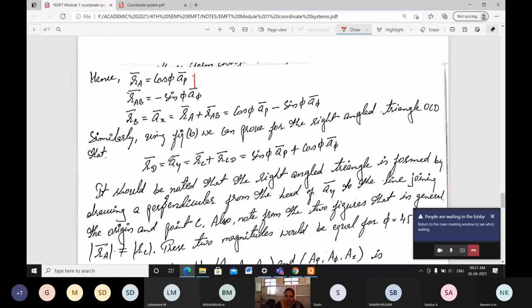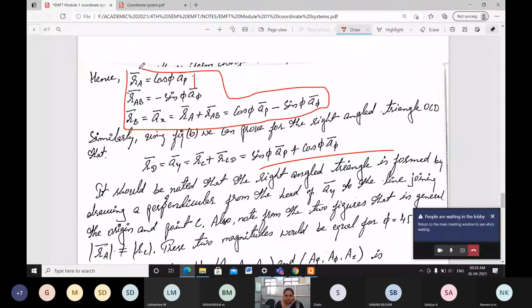RD is going to be AY for the AY component. Then RD is equal to AY, that is equal to RC plus RCD, that is sin phi A rho plus cos phi A phi. Just remember these equations, that will be more than enough.